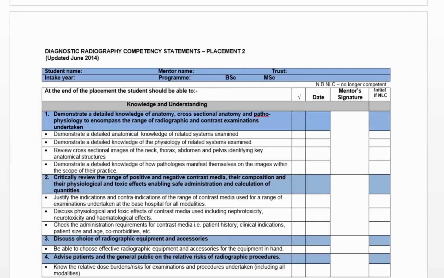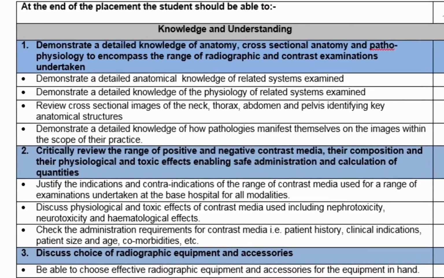Under that first one of knowledge and understanding there are the 4 specific points of competence. Here we've got demonstration of detailed anatomical knowledge of the related systems examined, detailed knowledge of physiology, reviewing of cross-sectional images of the neck, thorax, abdomen and pelvis, and this is essentially around anatomy, and also detailed knowledge of how pathologies manifest themselves on the images.